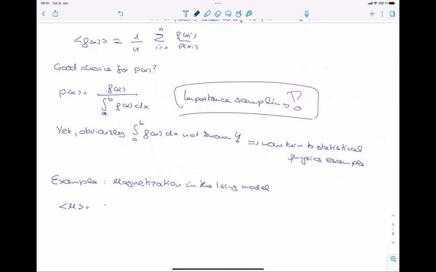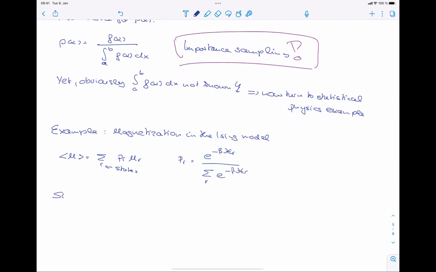So that's then summing over all states, where the states have a probability P_R and a magnetization. And then the P_R is given by e to the minus beta, the Hamiltonian for state R, normalized by the partition function.